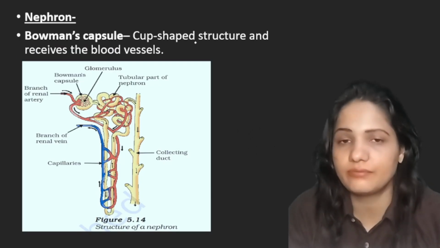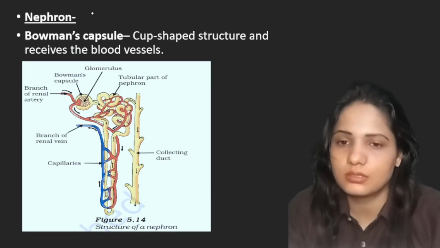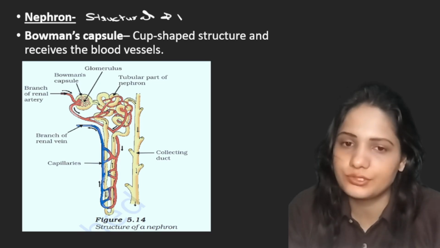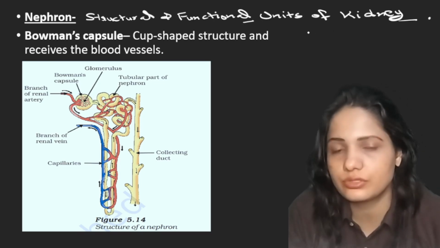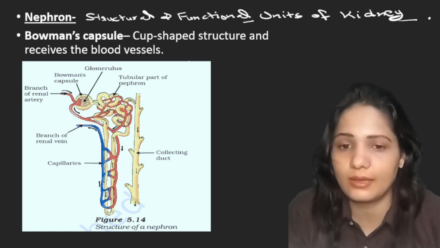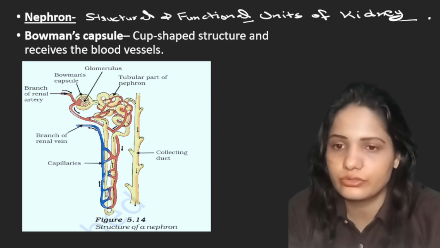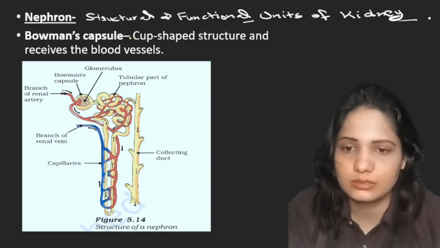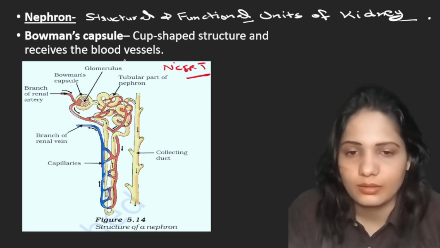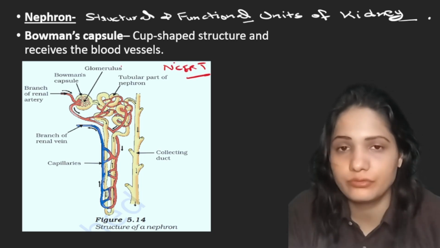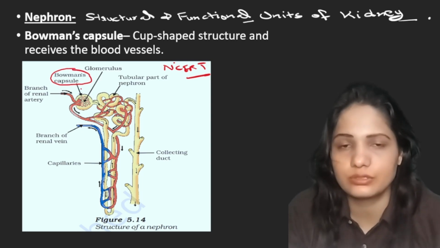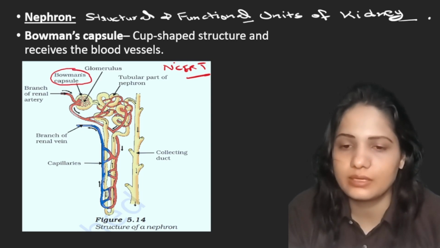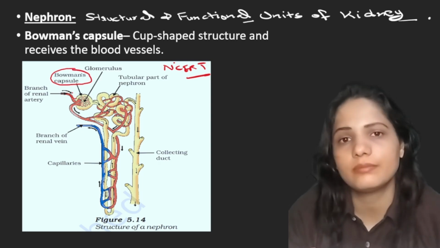What is a nephron? Nephrons are the structural and functional units of the kidney. If we see the structure of nephrons, this is a diagram from your NCERT. In this diagram first we have to see this Bowman's capsule. This is the main region from where the blood enters and exits.